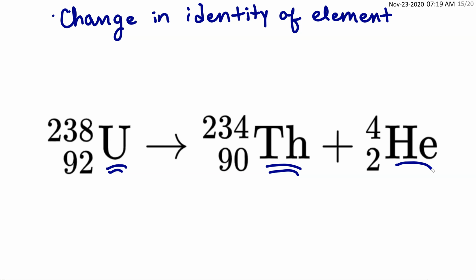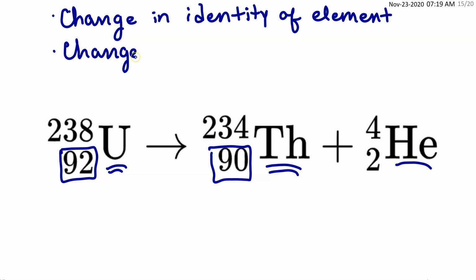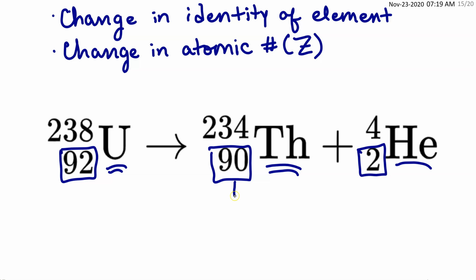But I want you to notice there is a change in the atomic number, often referred to as Z. However, I want you to notice that the atomic numbers of the two daughter nuclei still add up to 92.